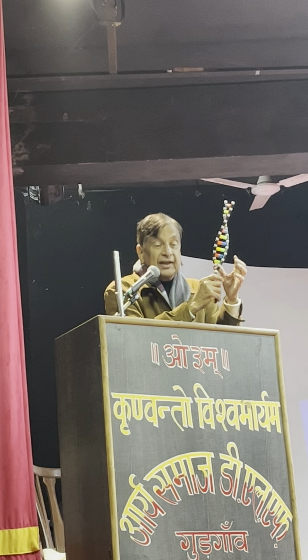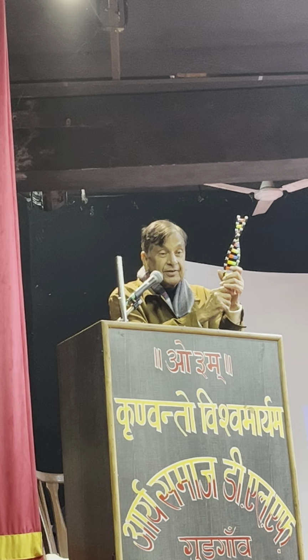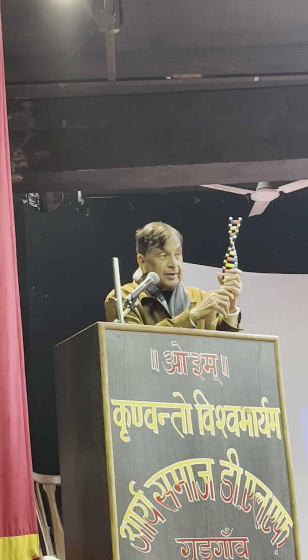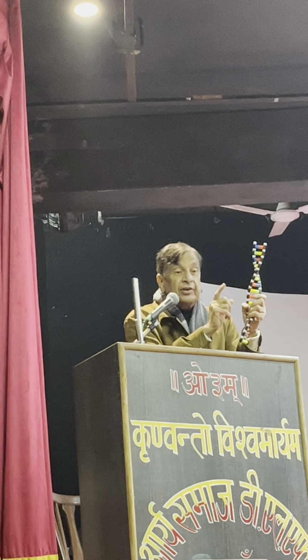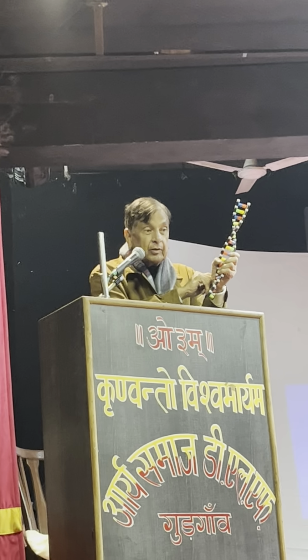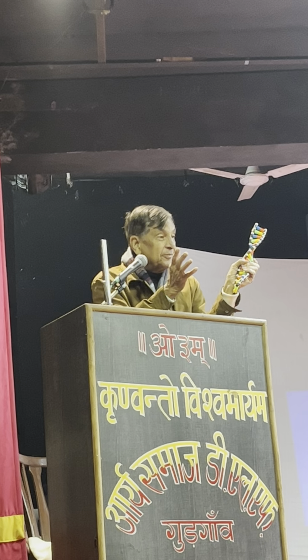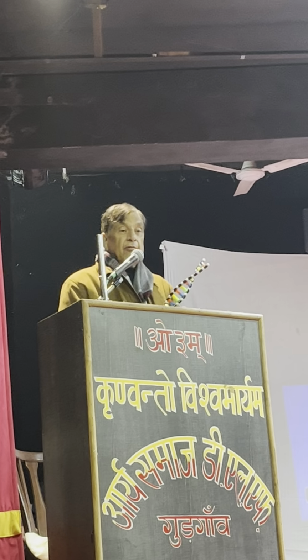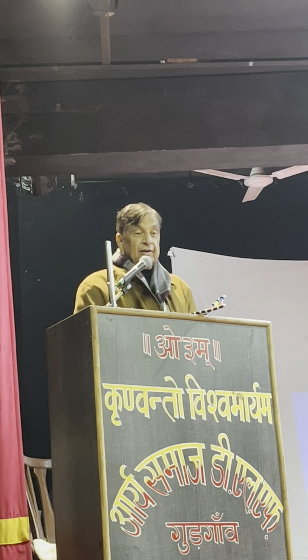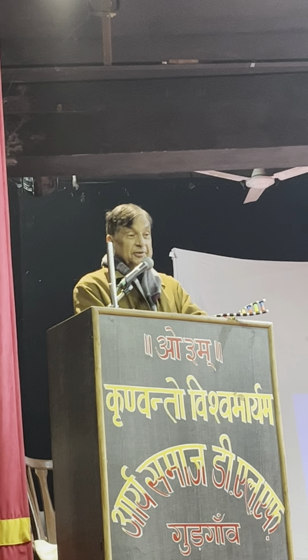Can you believe there are 3 billion, that means 6 billion chemicals or nucleotides in every single cell of the body, whether it is skin, brain, heart, anywhere. And how many cells in the body? Can you hear? 40 trillion. 40 trillion cells in the body. And every single cell has this DNA.